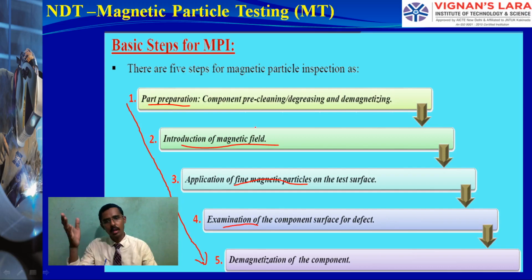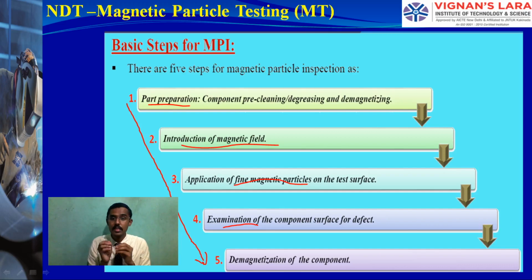After completing all these things, as I have already told you, we are doing the magnetizing process. Therefore, we have to do the demagnetizing, otherwise the magnetism will remain inside. In industry, the next process cannot be done, because when a magnetized material comes in contact with other material, it will attract.